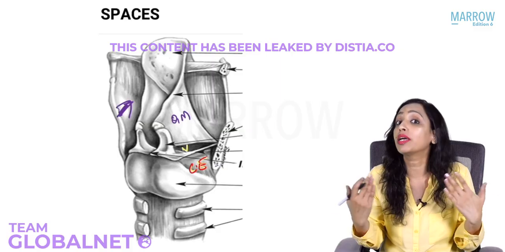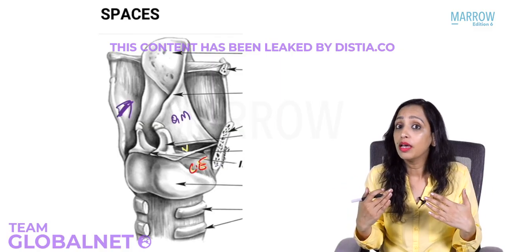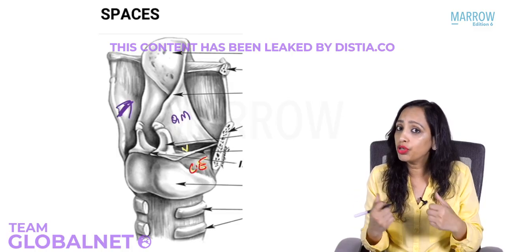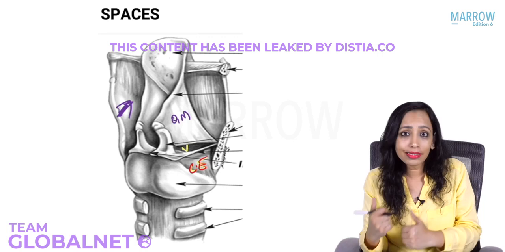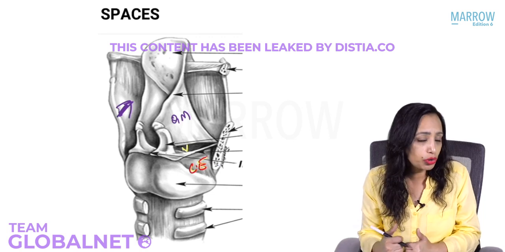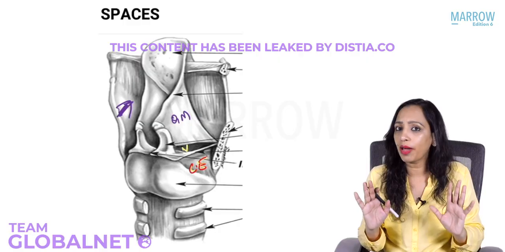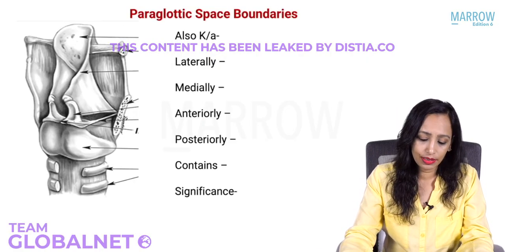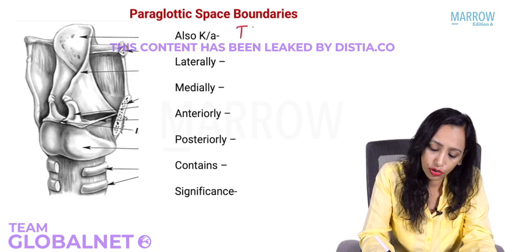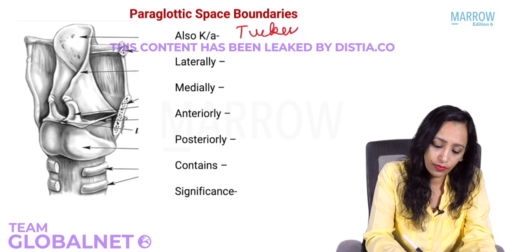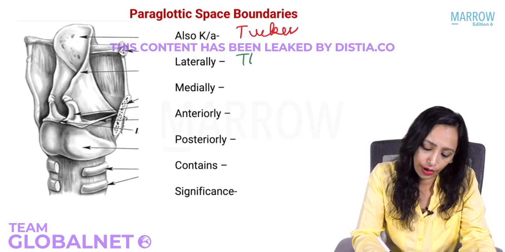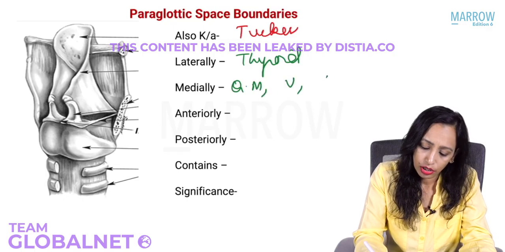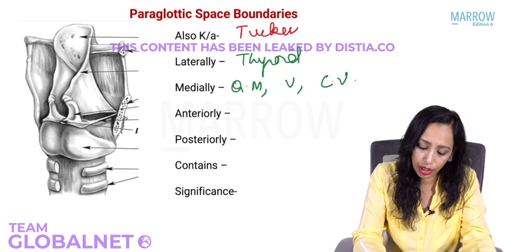Can you tell me the posterior boundary of the paraglottic space? Yes, the posterior boundary is the pyriform fossa. I have shown you in the paper model also; if you have forgotten, please see the model again. This is a repeated question that is asked in your exam. The paraglottic space is also known as the space of Tucker. Laterally is the thyroid, medially are the quadrangular membrane, the ventricle, and the cricovocal membrane.